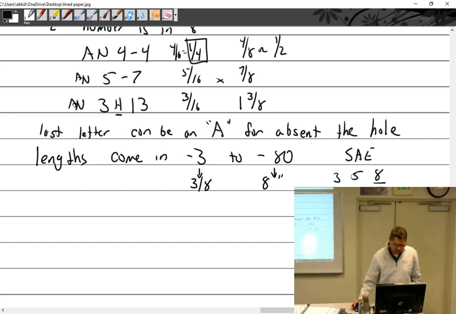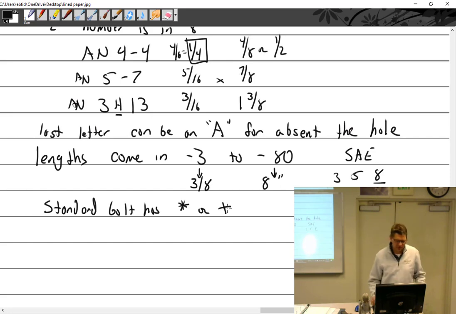So speaking of looking at the head, a standard bolt has either an asterisk or a plus.